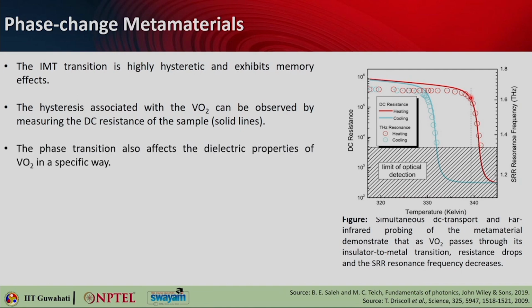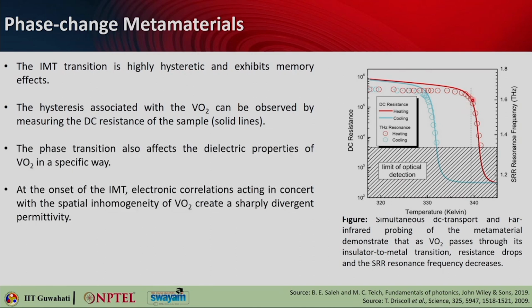So, this phase transition also affects the dielectric properties of the VO2 in a specific way. At the onset of this transition, electronic correlations acting in concert with the spatial inhomogeneity of VO2 create a rapidly divergent permittivity.